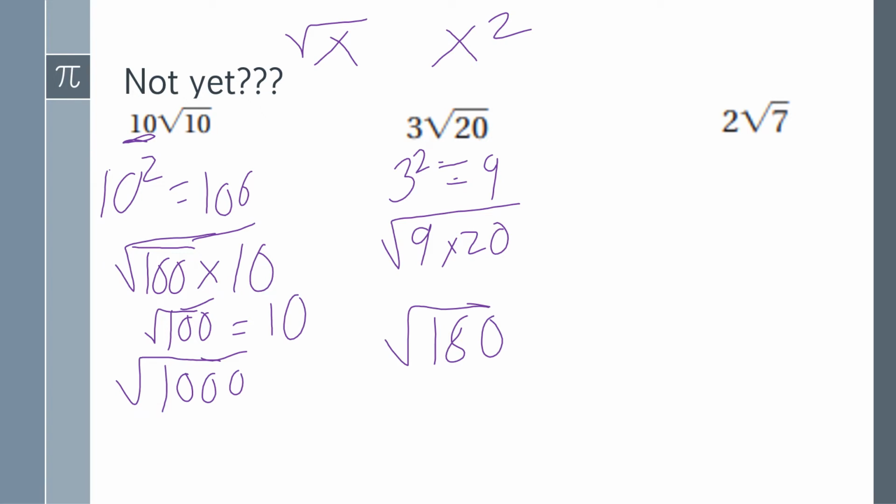All right. 2 times the square root of 7. Let's do this. 2 squared is 4, right? 4 times 7 is the square root of 28. Just like that.